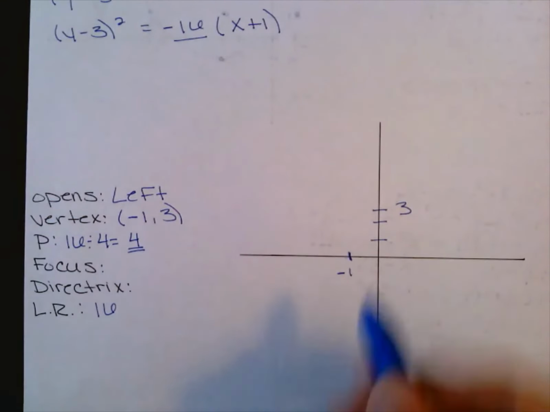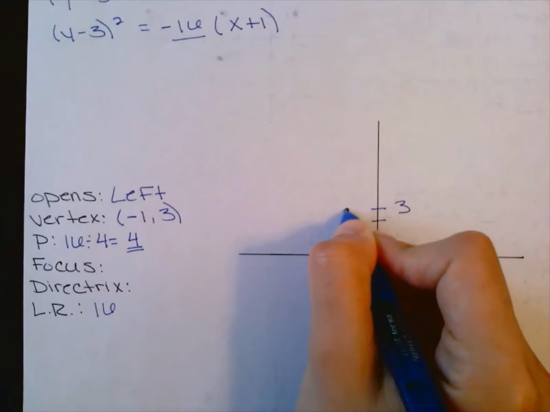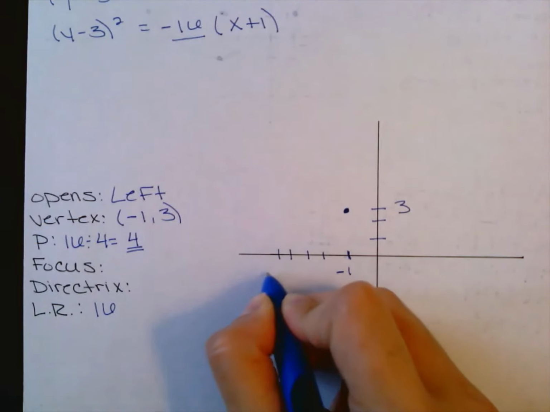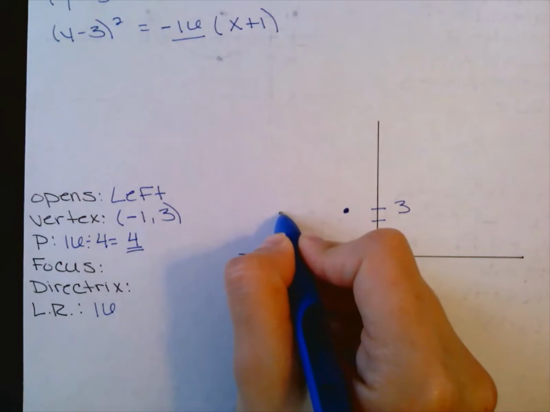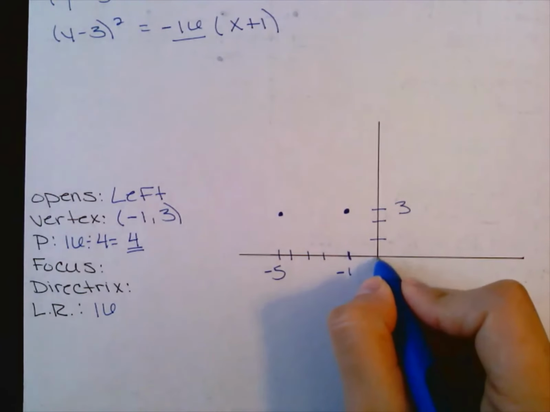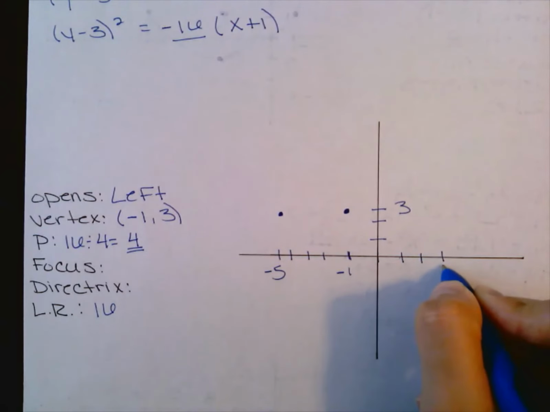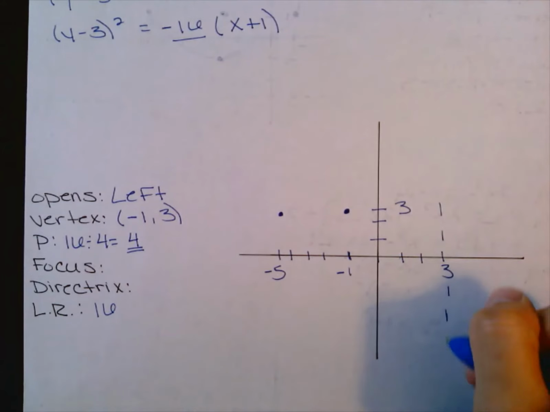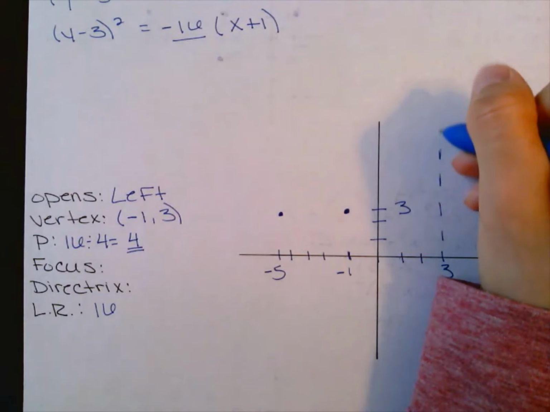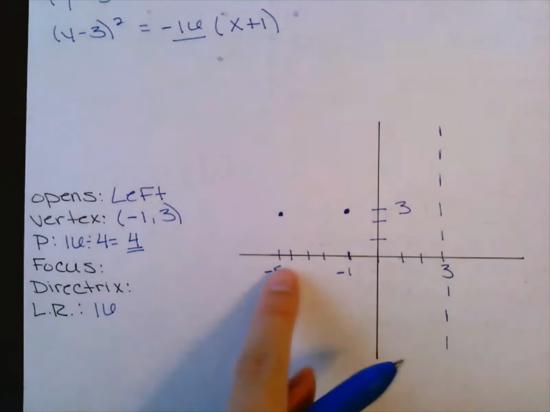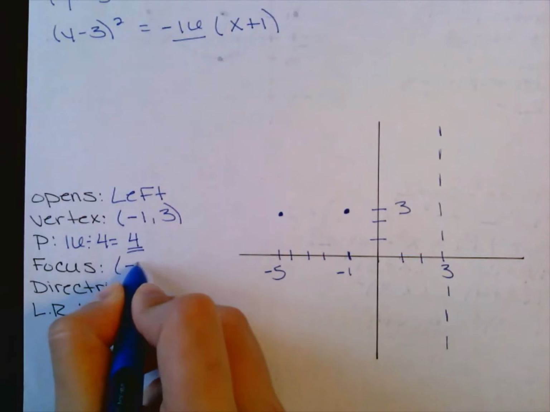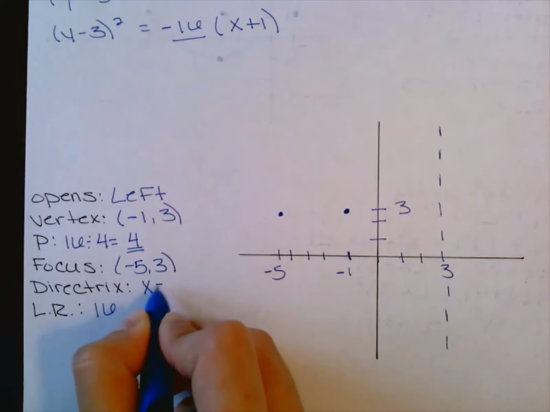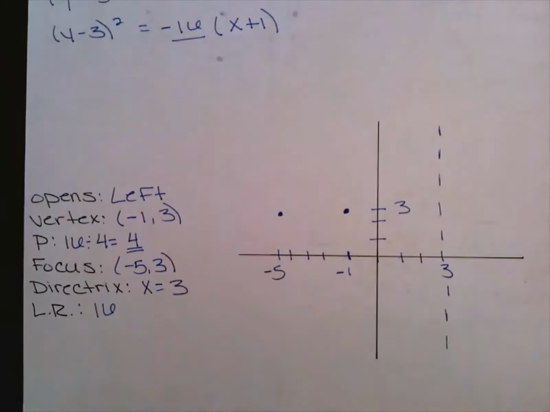So now because this is facing to the left, here's my vertex, I'm going to go 4 units to find my focus, and then 4 units back to find my directrix, my equation of a line. So my focus is at -5, 3. And my directrix is an equation of a line at x equals 3.